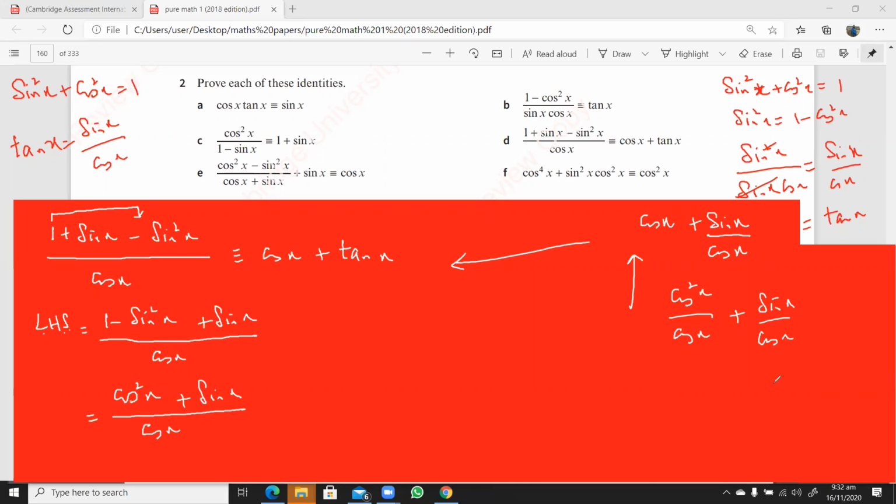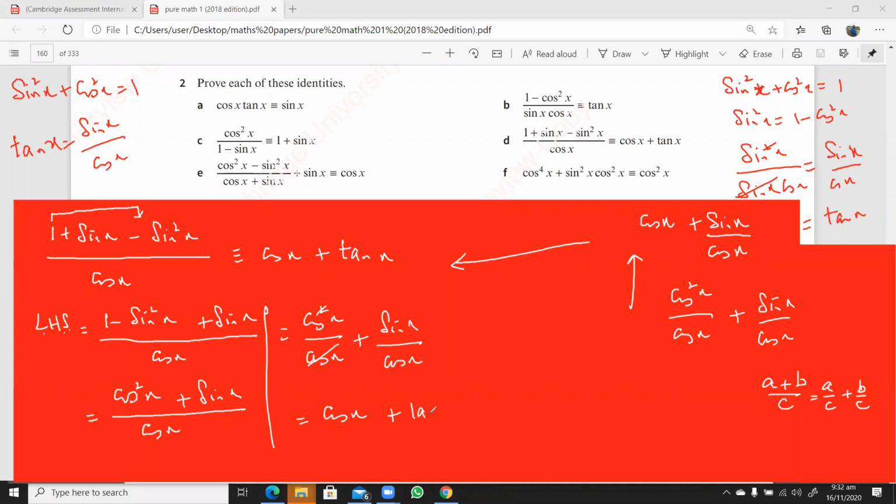So remember this, if you have a plus b over c, you can write it as a over c plus b over c. So we are going to split them. So this is cos square x over cos x plus sin x over cos x. So this is cancelled. So you're left with cos x, and this is going to be your tan x, and that is the right hand side.